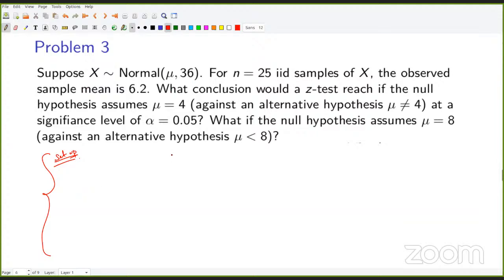It is given that X comes from normal with mean mu and 36 variance, and there are 25 samples, X1 to X25, which are IID X. We also have the sample mean, X bar.